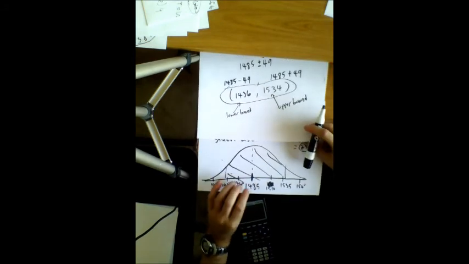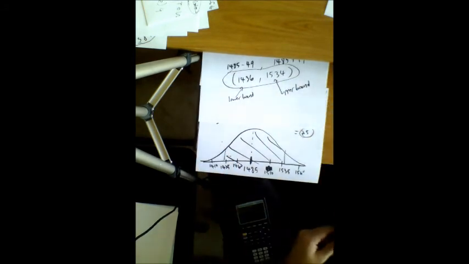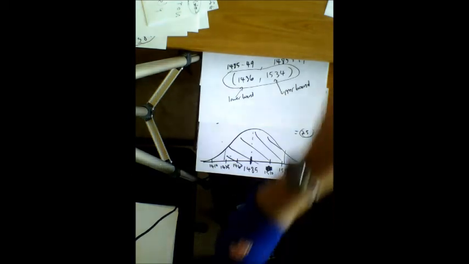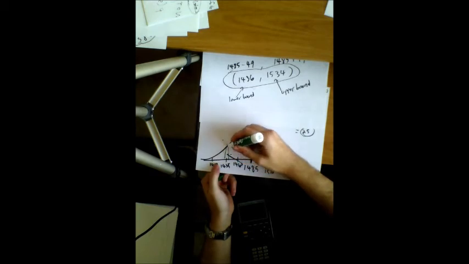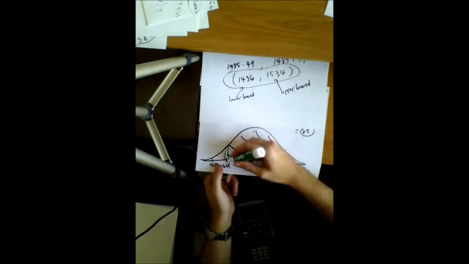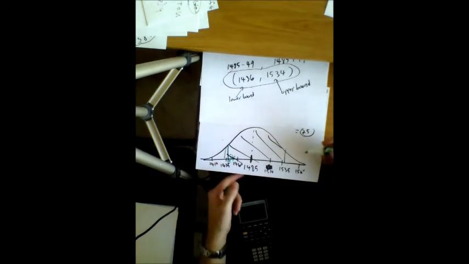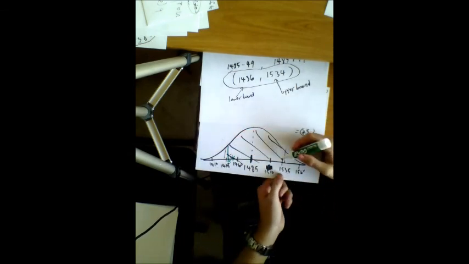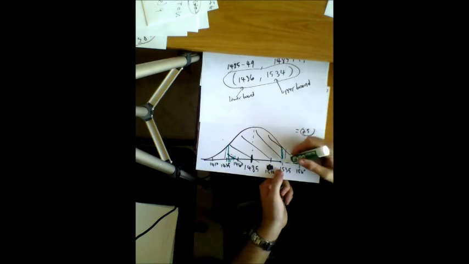And if I put these two together, you can kind of see, 1436 is about here. That's the lower bound. And 1534 is about there.